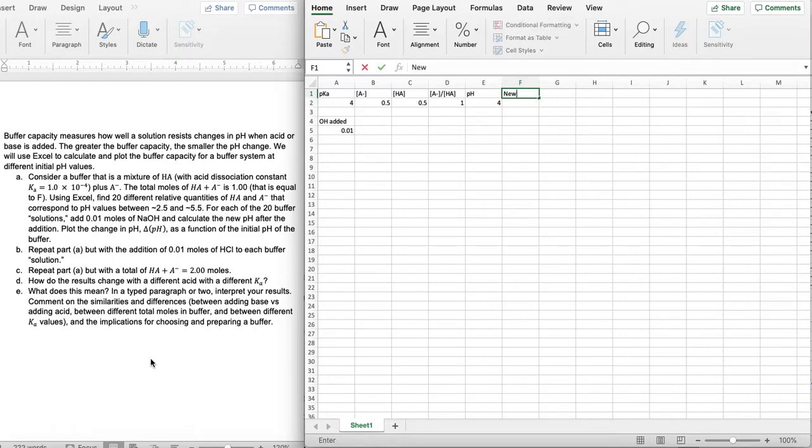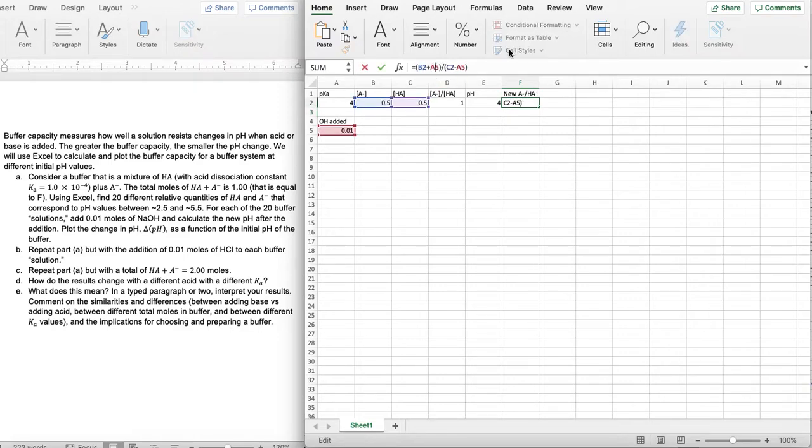So the new A minus over HA would become the old A minus plus OH, so the amount of base would increase. And if I want to find the new HA, it's going to be HA minus OH. And so it's slightly larger now.